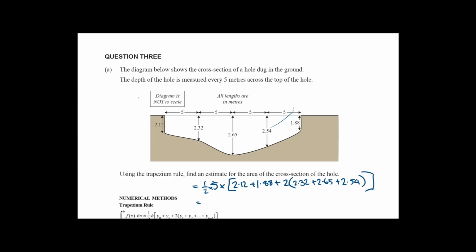Work it out. So half times 5 is going to be 2.5. Now we grab the calculator.